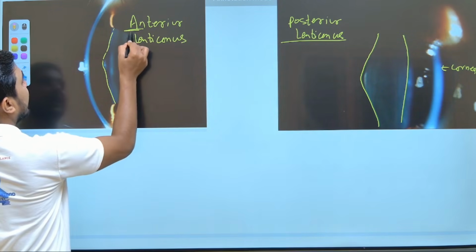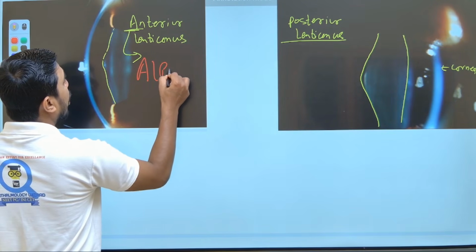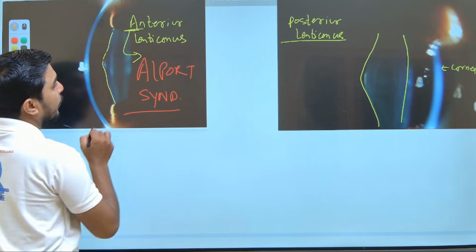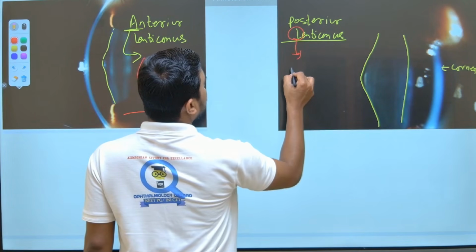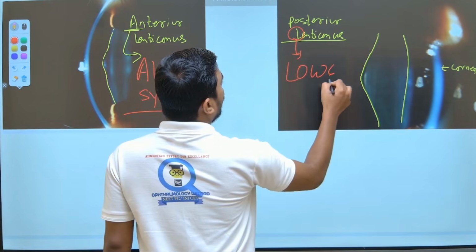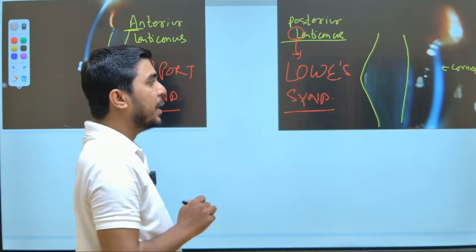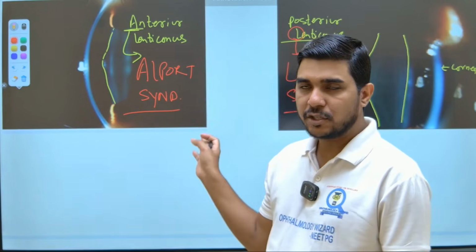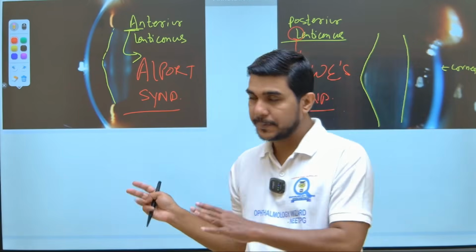In anterior, you have to remember A, so the cause will be Alport syndrome. In posterior, you have to remember L, the cause will be Lowe syndrome. As simple as this. Nothing more is going to be asked as far as ophthalmology is concerned. They are not going to ask any more than this. Okay.